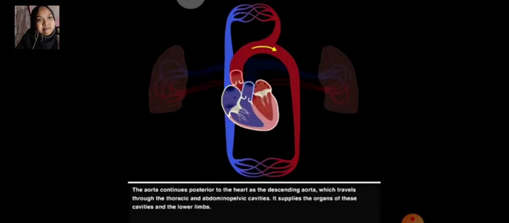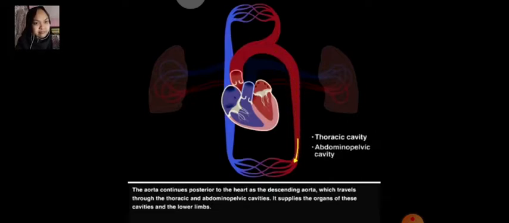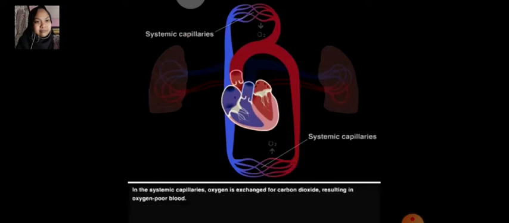The aorta continues posterior to the heart as the descending aorta, which travels through the thoracic and abdominal pelvic cavities. It supplies the organs of these cavities and the lower limbs. In the systemic capillaries, oxygen is exchanged for carbon dioxide, resulting in oxygen-poor blood.